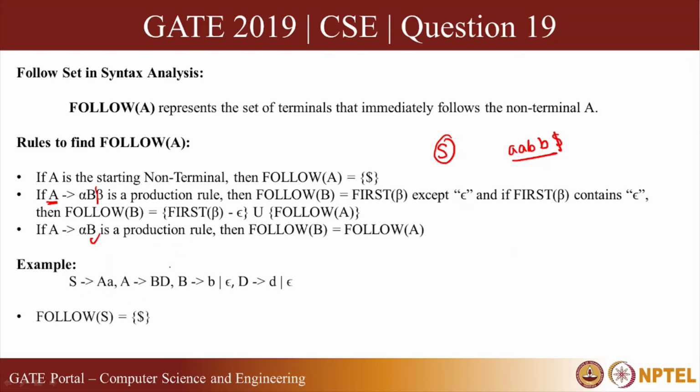Then follow of S equals dollar, because S is our starting symbol. And for follow of A, we can see that after capital A, only small a is there. So follow of A will be the first of small a, and the first of any terminal will be that terminal itself.